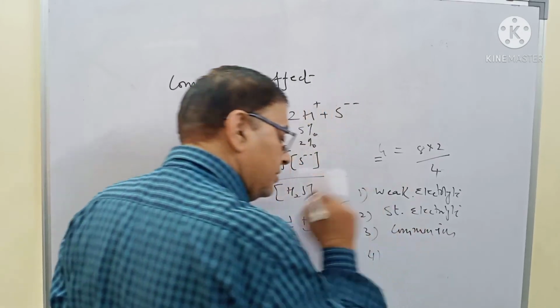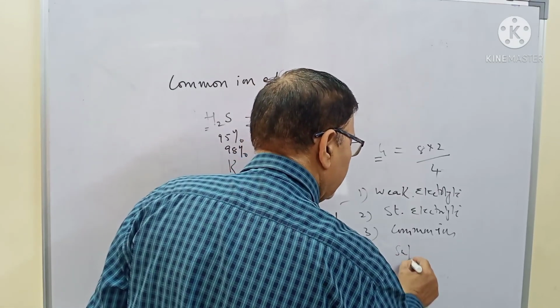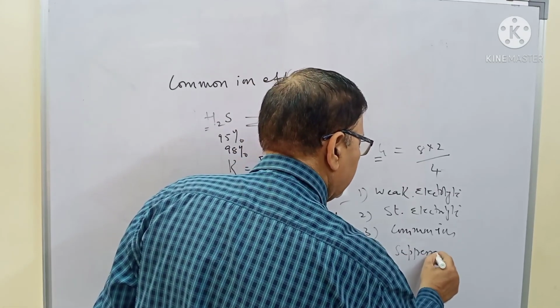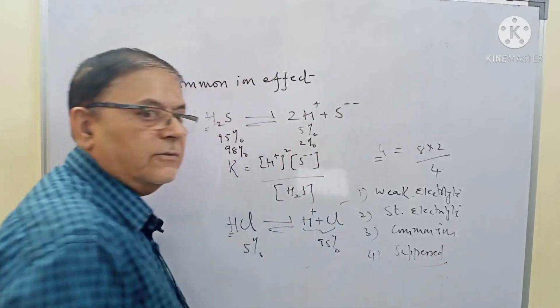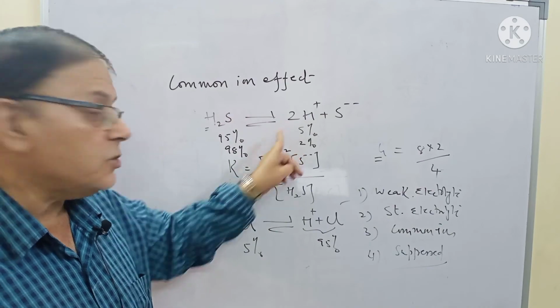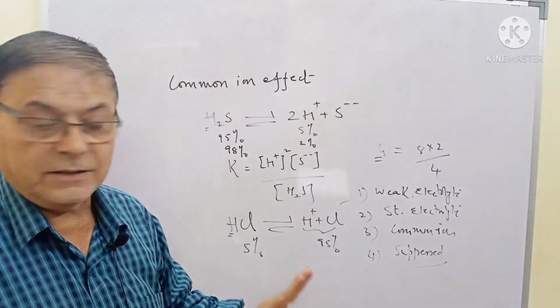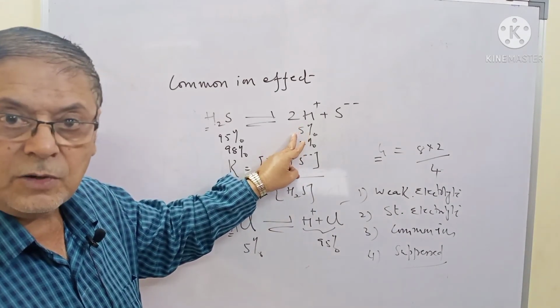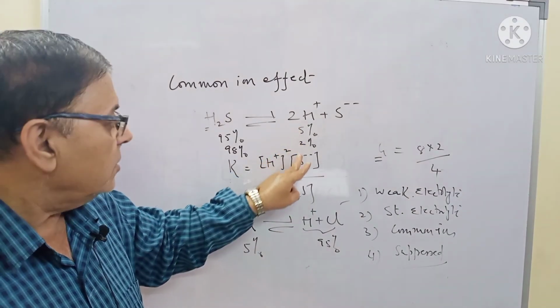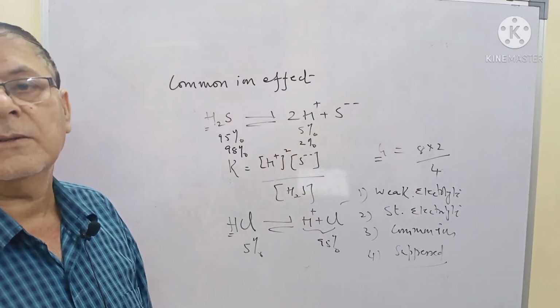Then the dissociation of that weak electrolyte is further suppressed. This effect is known as common ion effect. For example, the dissociation of the weak electrolyte falls from 5% to 2%, further suppressed. This is called common ion effect.